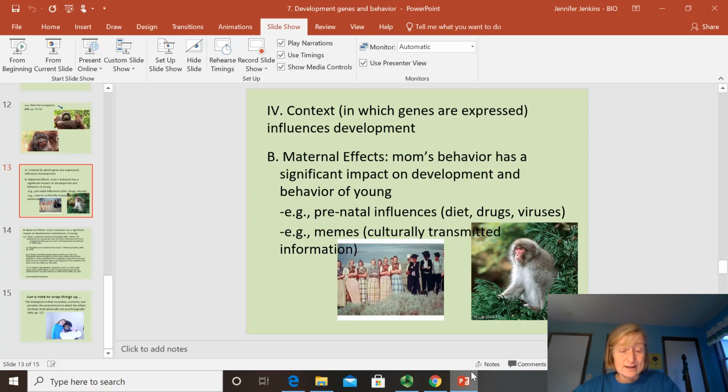One of the things that we find that's really important are prenatal influences. Prenatal influences like one's diet, the drugs or the medicines one uses, the viruses one's exposed to can have a huge impact on the behavior of the young years after birth.